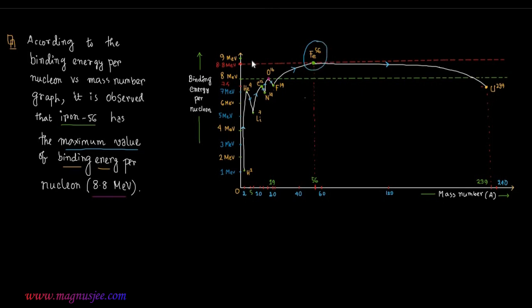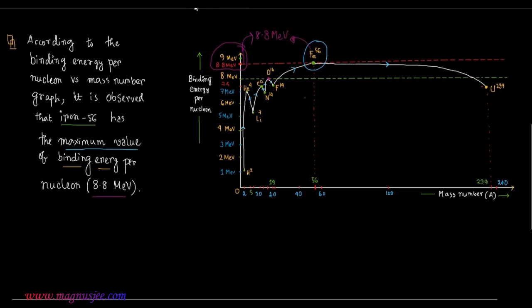On the binding energy curve, Fe56 exists at the highest point, and binding energy per nucleon for Fe56 is 8.8 mega electron volt, which is denoted on the binding energy curve.